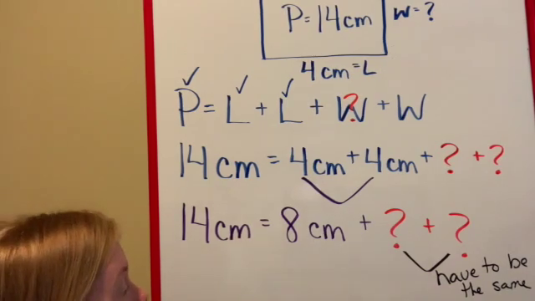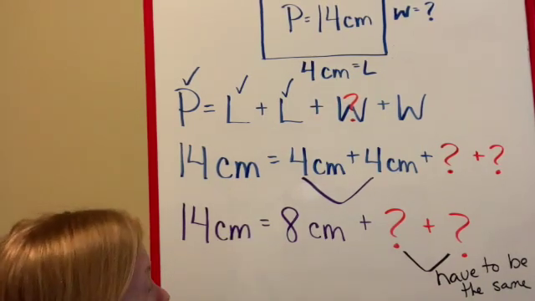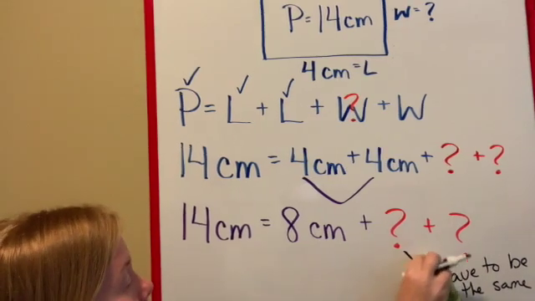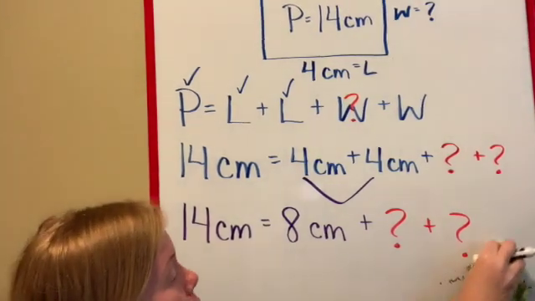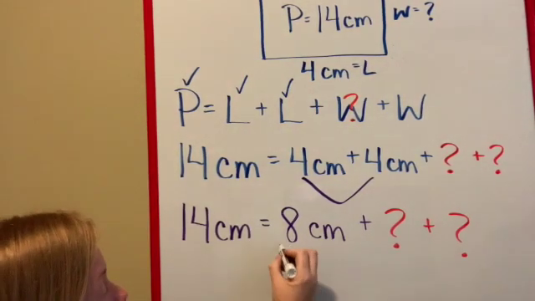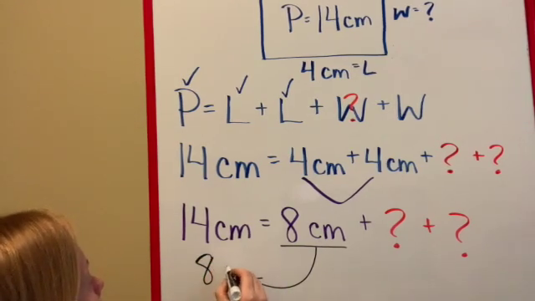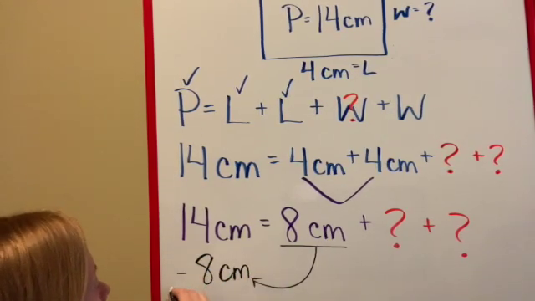So the next step is the one that most of you will probably have trouble remembering to do. So make sure you pay attention. Right now, you are going to take this 8 centimeters and you are going to subtract it from the 14 centimeters.